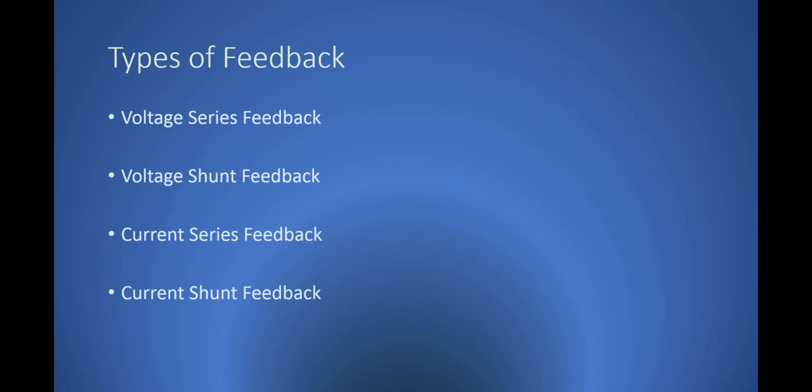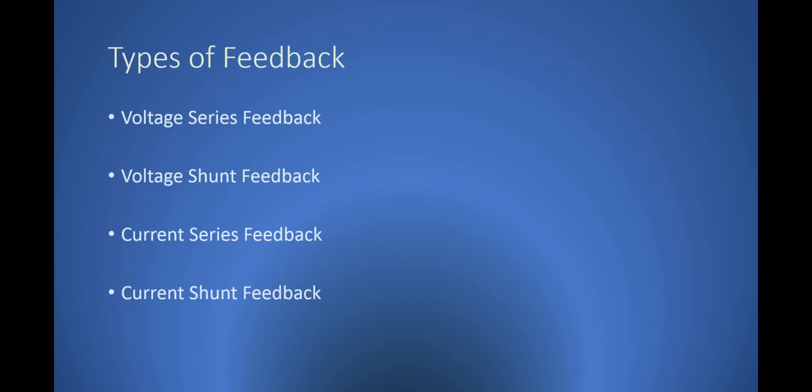So we have four types of feedback when we classify the feedbacks in terms of output and the type of connection that feedback has with the input. So the first one is voltage series feedback. In this the output is voltage and feedback is connected in series with the input.